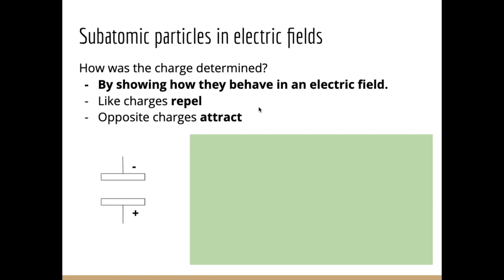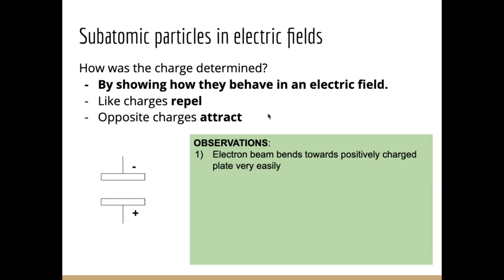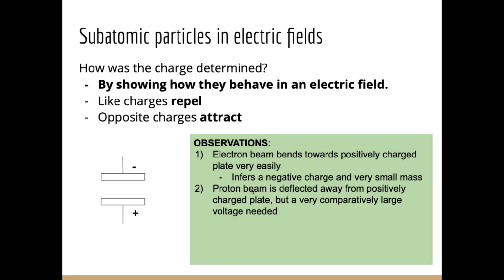So to summarize that, observations when you put a subatomic particle in an electric field. The electron beam bends towards the positively charged plate very easily. This infers that it has a negative charge and a very small mass. The proton beam is deflected away from the positively charged plate, or you could say attracted towards the negatively charged plate, that's saying the same thing, but a very comparatively large voltage is needed when compared to the electrons.